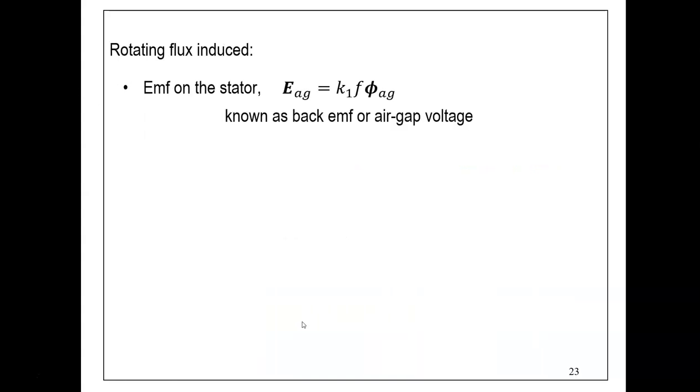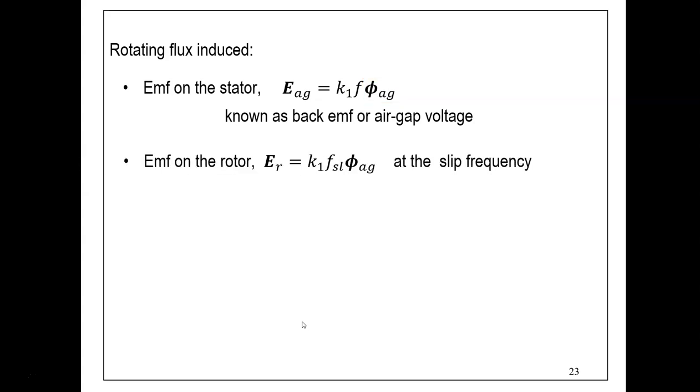Now, this rotating flux, which is caused by the excitations on the stator windings, will induce EMF on the stator. This EMF induced on the stator is known as the back EMF, or air gap voltage. The magnitude of this induced voltage will depend on the frequency of the supply as well as the magnitude of the rotating air gap flux.